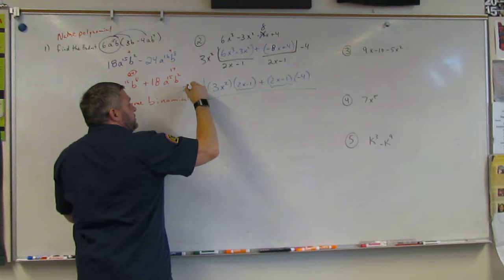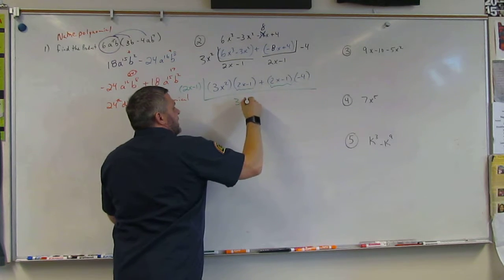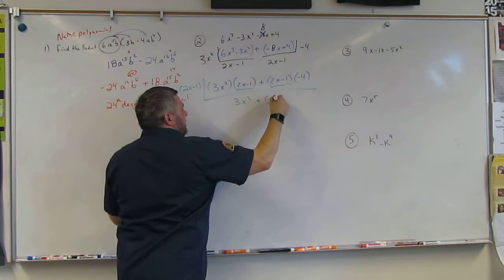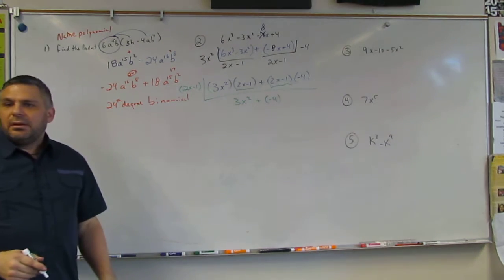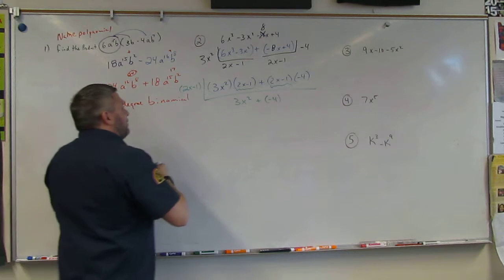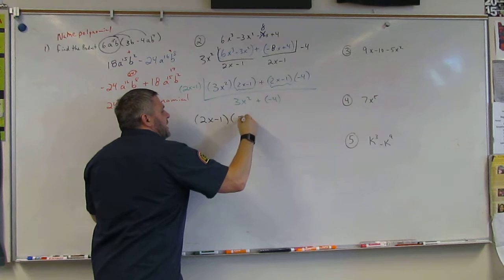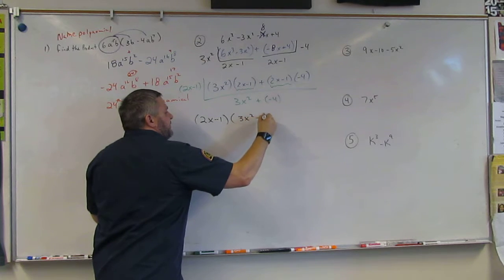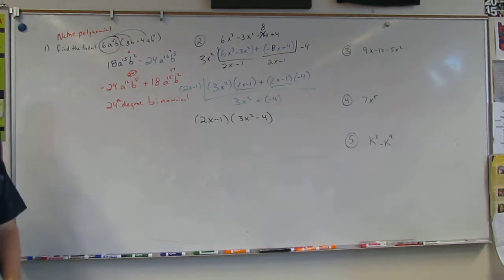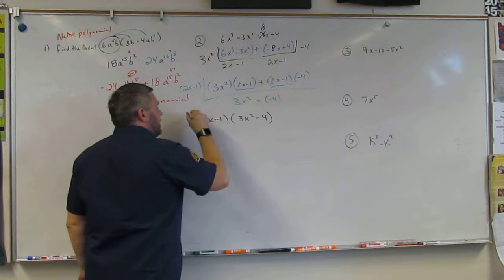So I'm going to pull out a 2x minus 1, and what's left is the 3x squared plus the negative 4, right? And so I will rewrite that as 2x minus 1 times 3x squared minus 4. Okay? Now, if I can reduce that, I will, but I cannot, so I'm done.